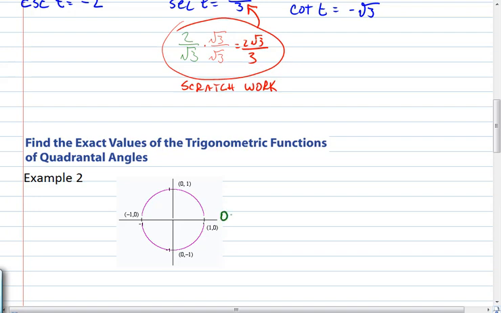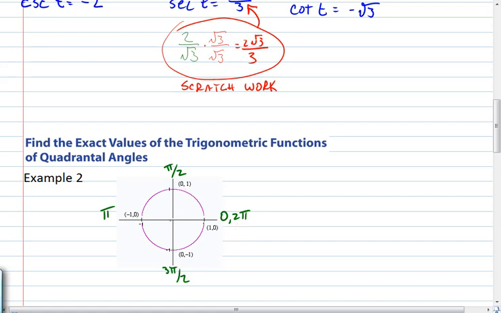So in radians, we're looking at 0 and 2 pi radians. We're looking at pi over 2, pi, 3 pi over 2. Does everybody understand why on a unit circle this is going to get us these particular angle values? All the way around the circle measures 2 pi r. Well, our radius here is 1.